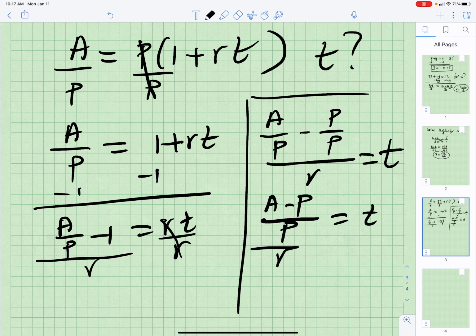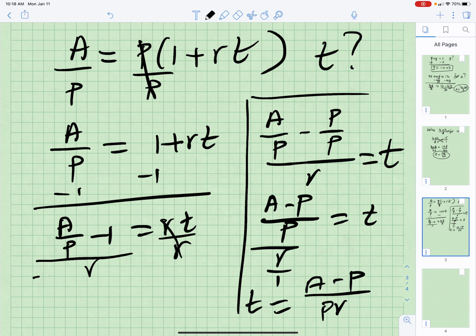Remember, dividing fractions, you keep the first fraction. So which means we keep the first fraction, a minus p over p, divided by r. And then we are going to flip the second fraction. So r is like r over 1. So when you flip r over 1, the 1 goes on top and r becomes the denominator. So then you multiply that by a minus p over p. So you get t equals a minus p over pr, right?